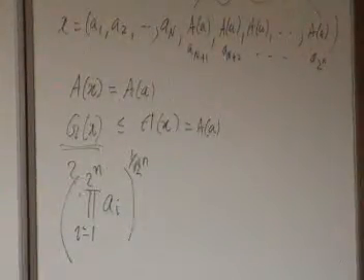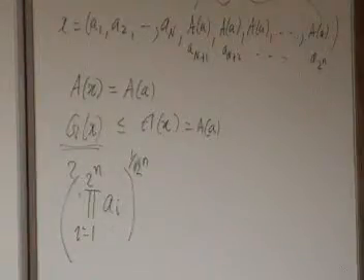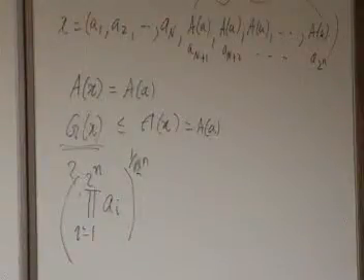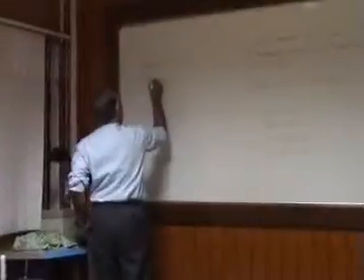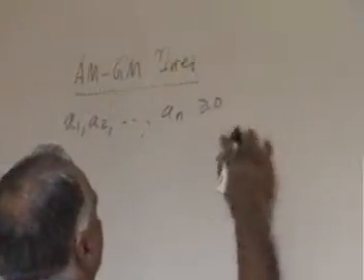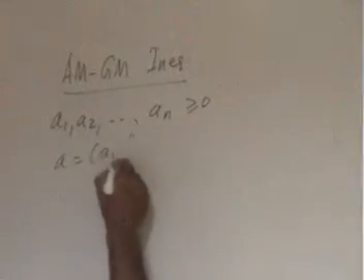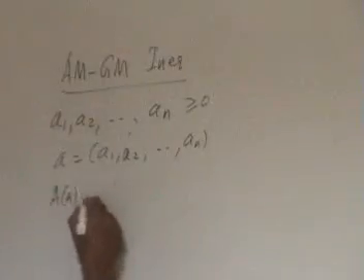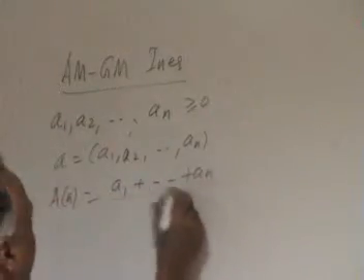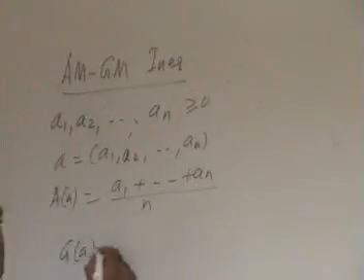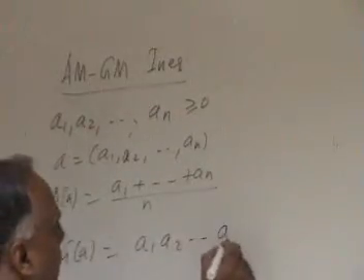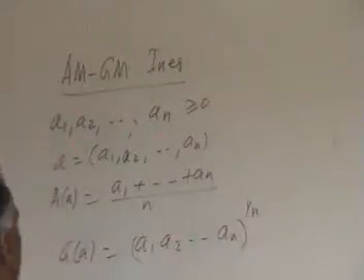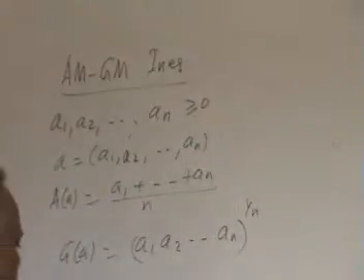Right. So that's the first breakthrough. We have now therefore the geometry. Now I can write the AM-GM inequality as: A1, A2, An greater than or equal to 0, A equal to A1, A2, An, Aa equal to A1 plus A2 plus An by n, Ga equal to A1, A2, etc. An to the power of 1 over n, then Ga is less than or equal to Aa.